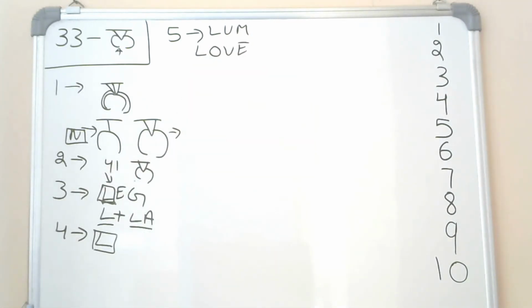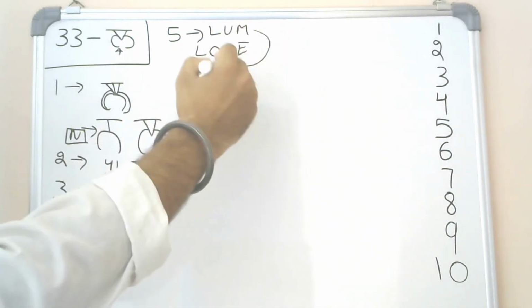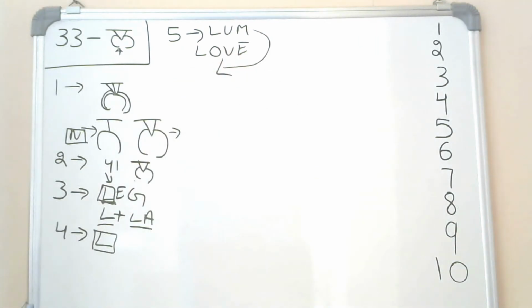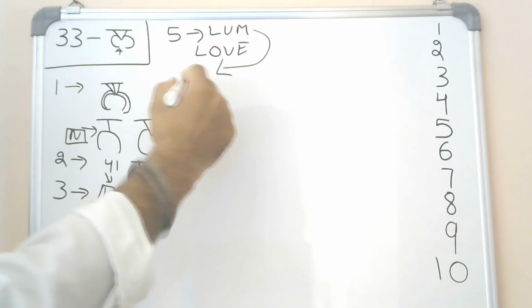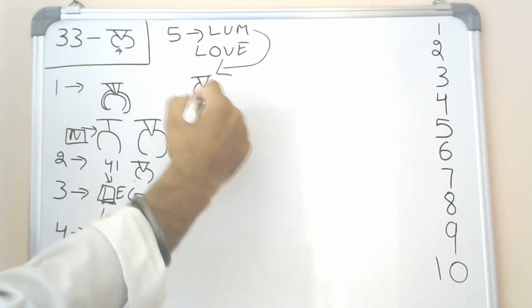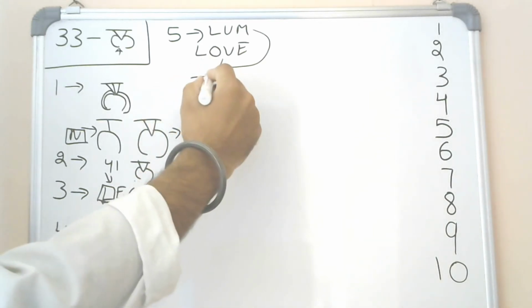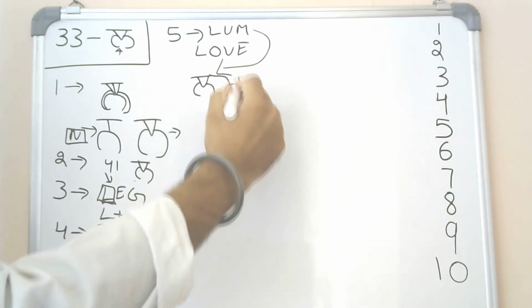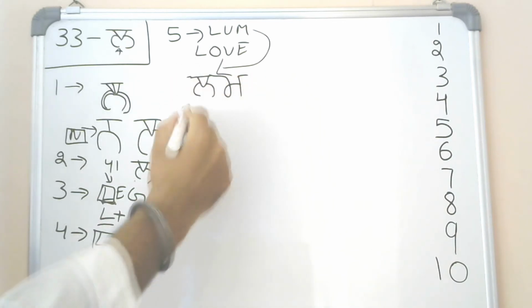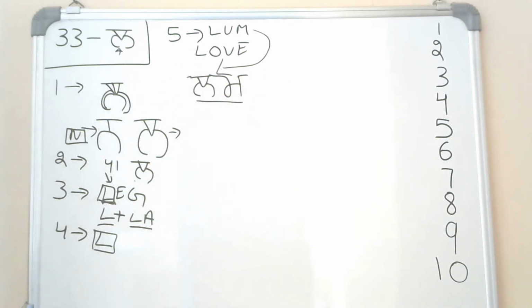If we have to write lam in Punjabi or Gurmukhi, we are going to use la and then the 30th letter of Gurmukhi, ma. Lam. Simple.